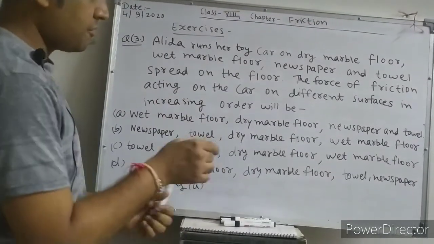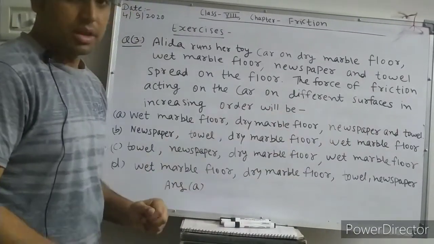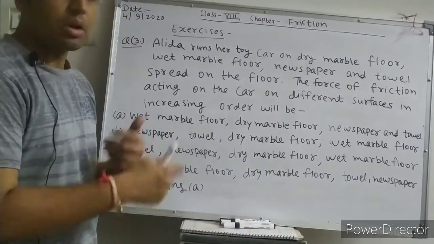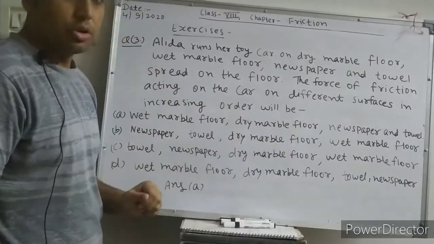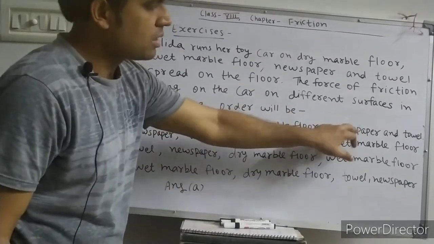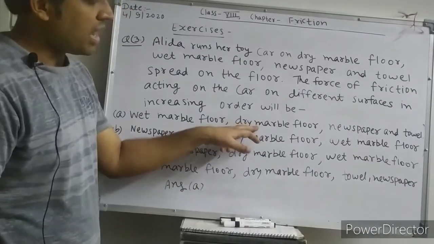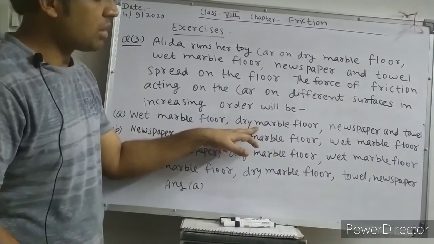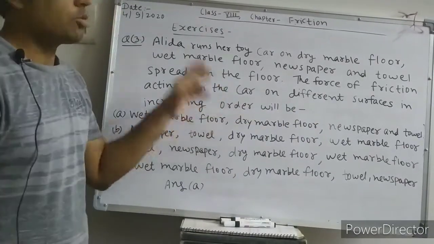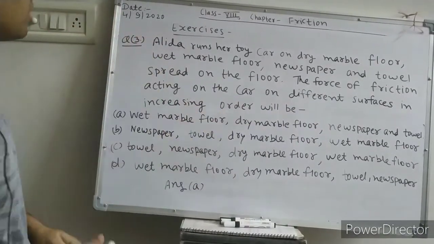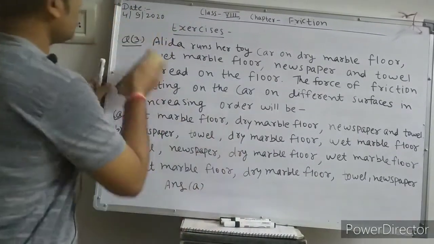If Alida wants to move her car on a towel, then there is more friction, more opposing the motion of the car. And in newspaper, the newspaper opposes the car less than the towel. Dry marble floor provides less friction and wet provides less friction than dry. So this is the increasing order.